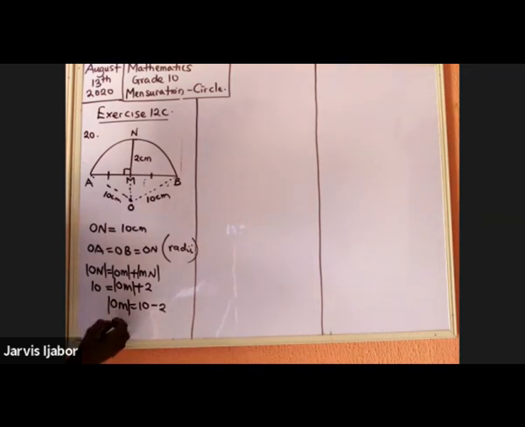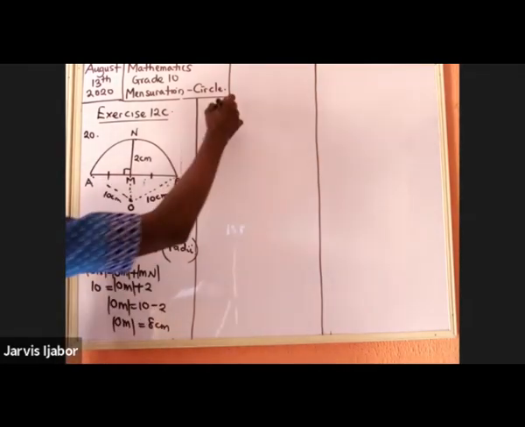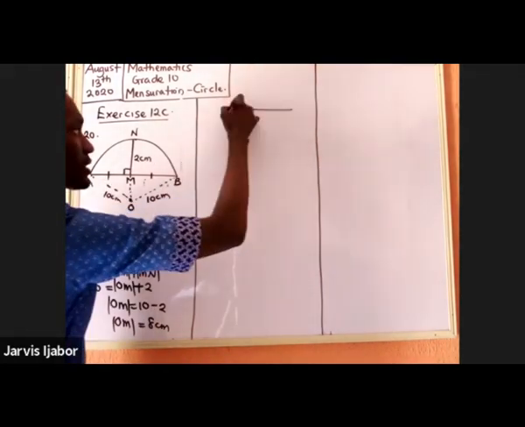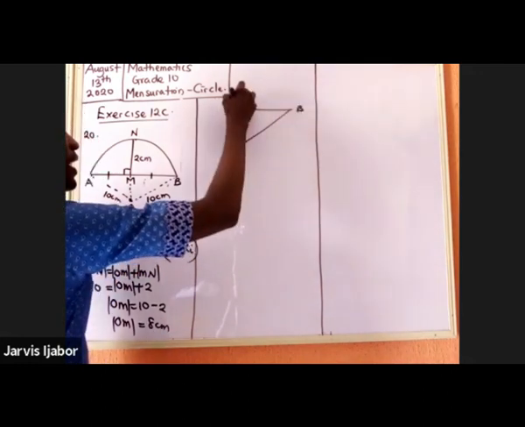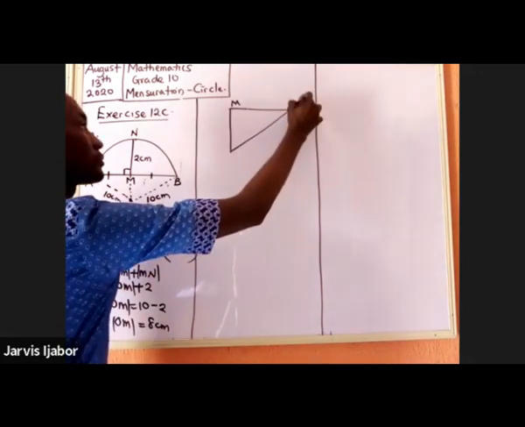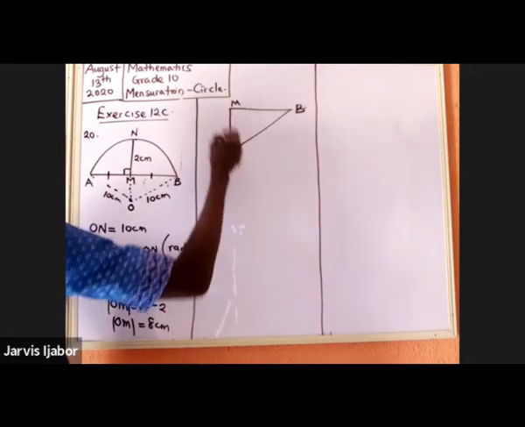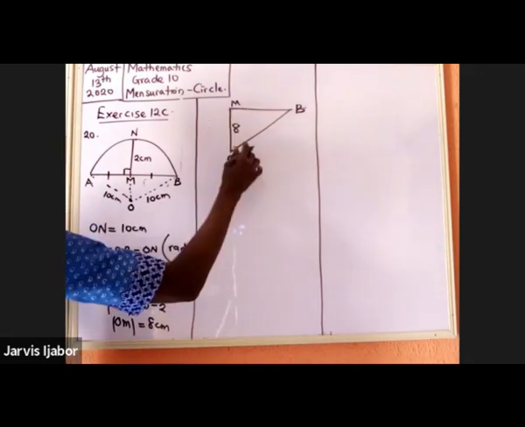And that means that OM will be equal to 8 cm. Now, if you look at this very well, look at this sketch out now. I'm getting out something from there. This is B, this is M, and this is O.